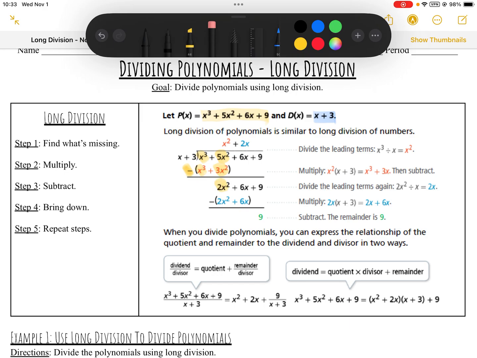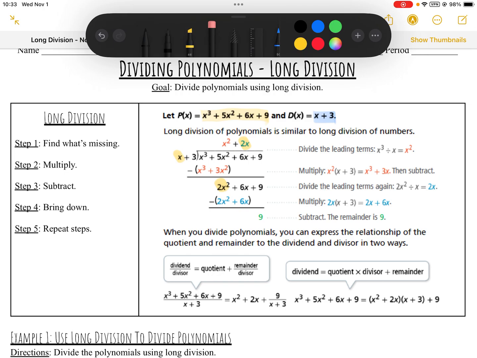Now this 2x squared is the next piece that I'm going to find what's missing for. So I'm going to repeat my steps. I'm going to look at x again. How do I get x to become 2x squared? I need to multiply x by 2x. 2x times x gives me 2x squared.